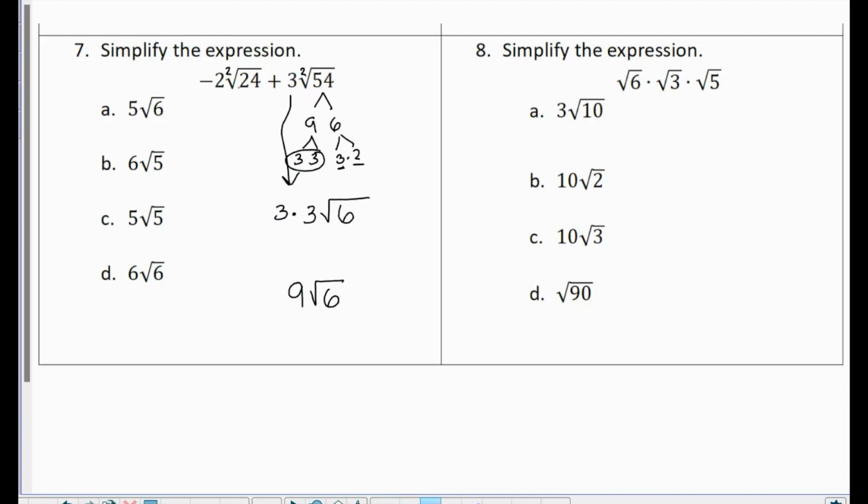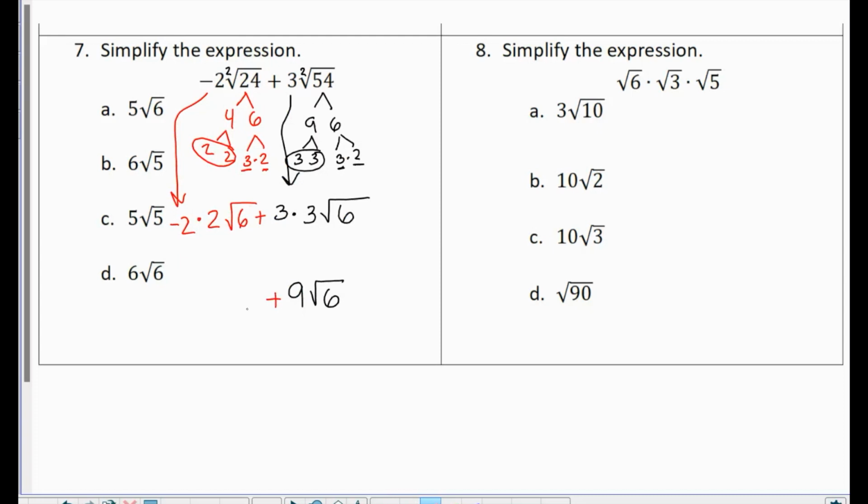That still doesn't match my 24 here, so that means we've got to simplify our 24. We can do 4 and 6, 2 and 2, and 3 and 2. We need groups of 2, so we put our 2 on the outside times our negative 2 from up top, and we're left with 2 times 3 on the inside, which is 6.